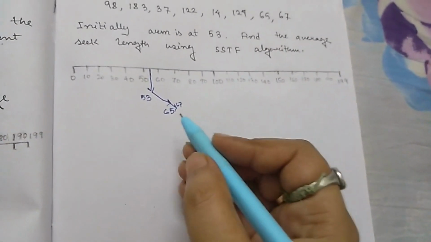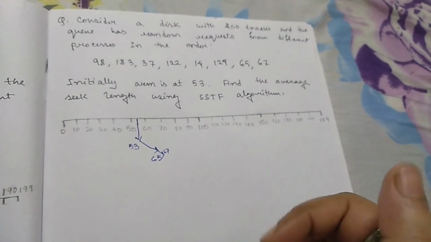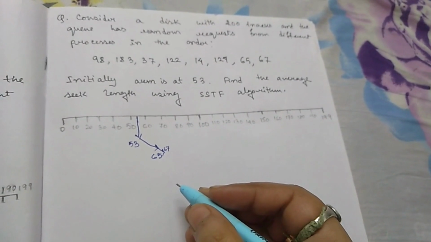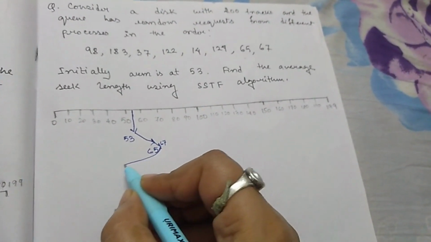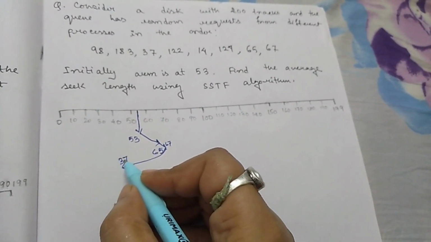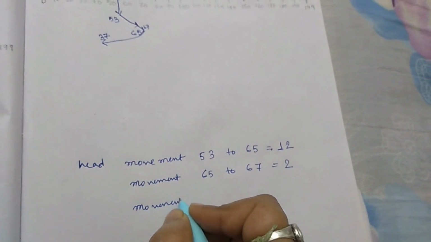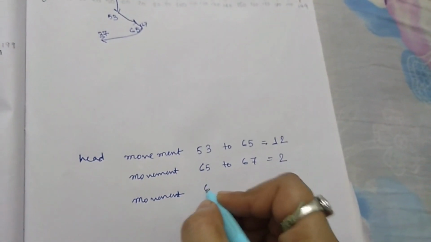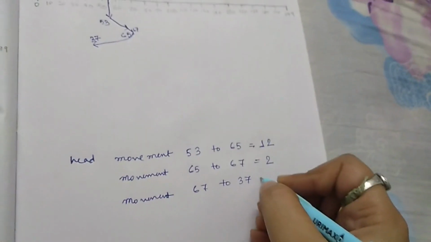Next we find the nearest job to 67. The nearest job to 67 is 37, and the head movement is 67 to 37. So the gap is 30.